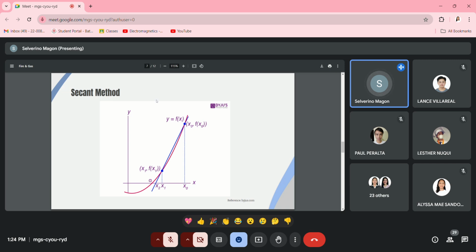Okay, so what you can see here is that for the first iteration, we have projected a secant line from x0 and x1 and come up with the new solution at x2 right here. In the next iteration, the new solution will be projected from here onto this point that corresponds to x2. And if you imaginarily project a second secant line from x1 and x2, it should be somewhat closer to the actual solution alpha right here.